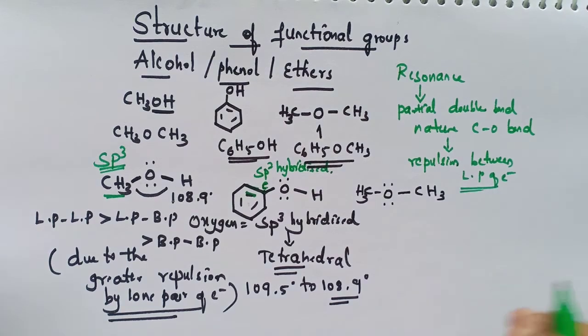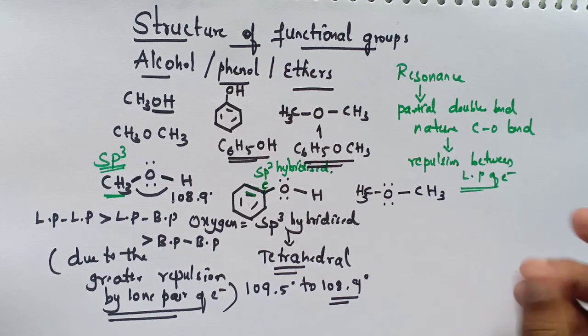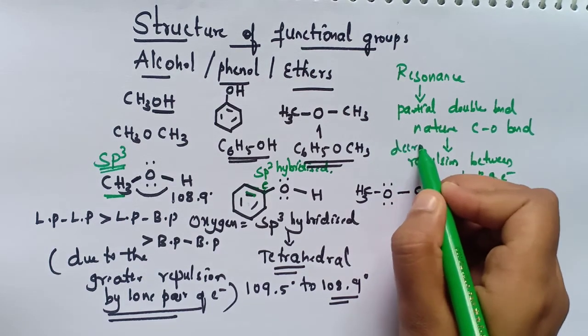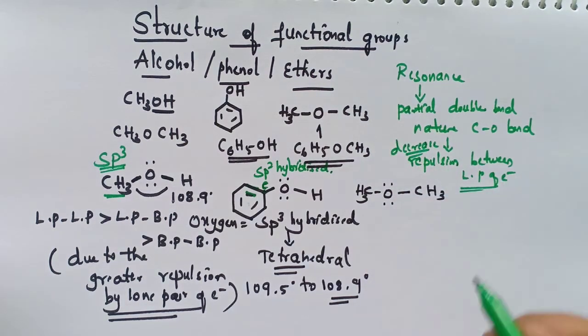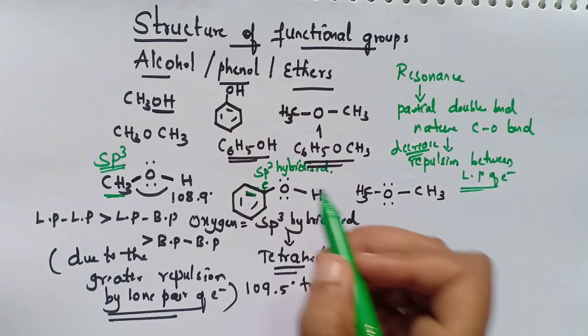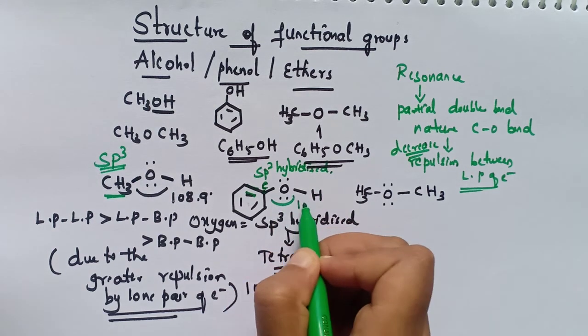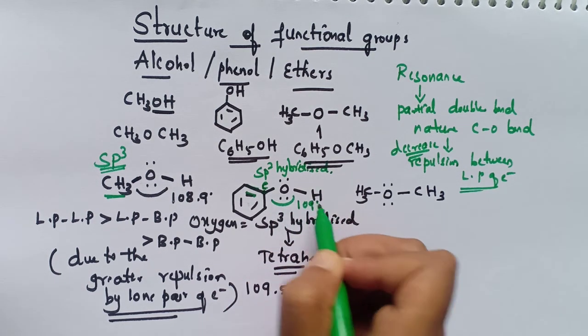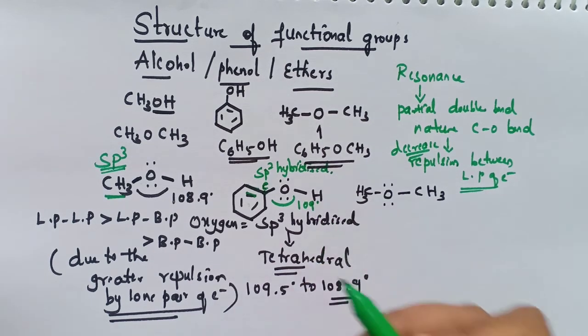So if the repulsion between the lone pairs of electrons is decreased, automatically the bond angle is slightly more than that of the alcohol. So the phenol bond angle is 109 degrees.